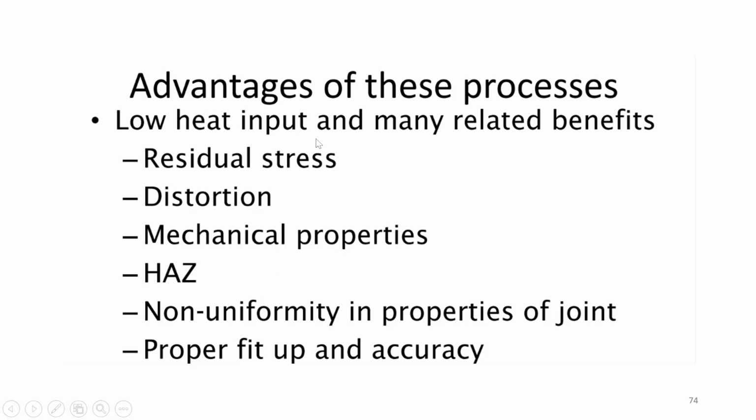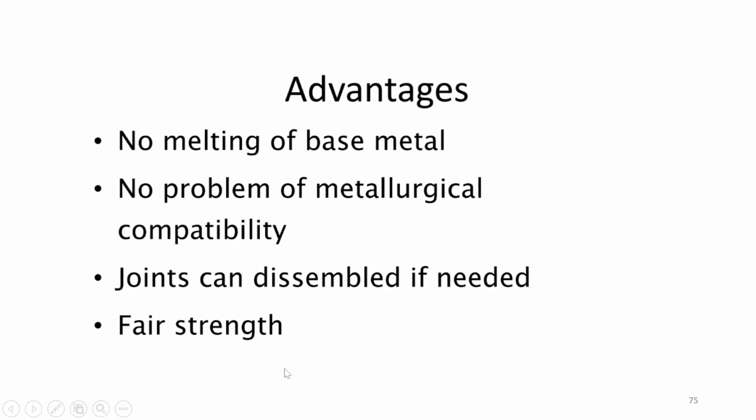The advantages of these processes: it has low heat input and many related benefits such as low residual stresses, lower distortions, good mechanical properties, lower heat affected zone, non-uniformity in properties of joint, proper fit up and accuracy. Another advantage, there is no melting of base metal and there is no problem of metallurgical compatibility.